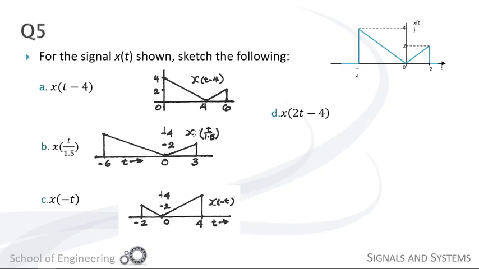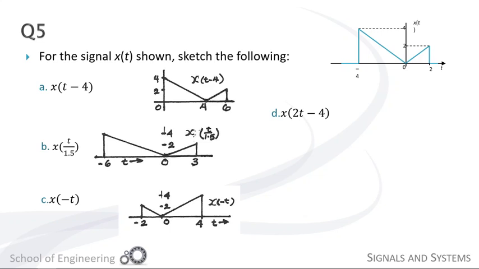I put a little box, shift and scale. So the minus 4 shifts it by 4. In fact, we got it here, this one, A, that's t minus 4. So the shifting will get you that. And then 2t. What does that do?